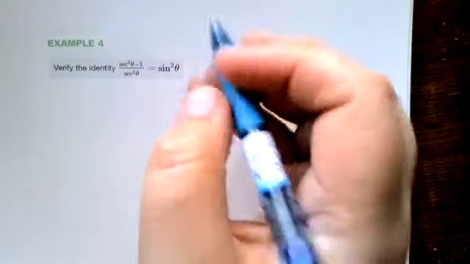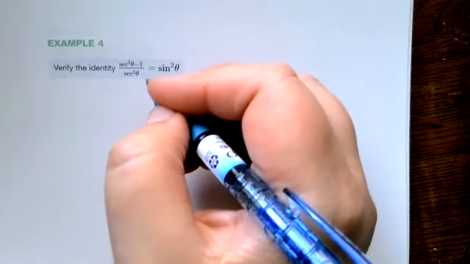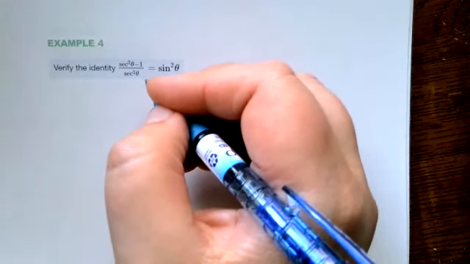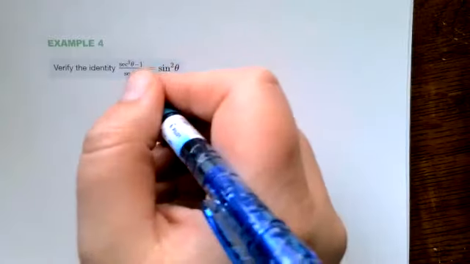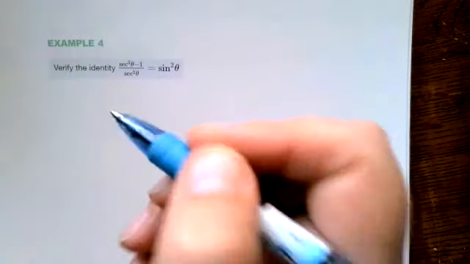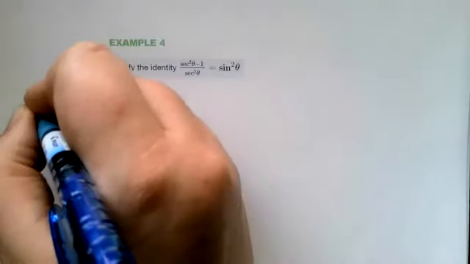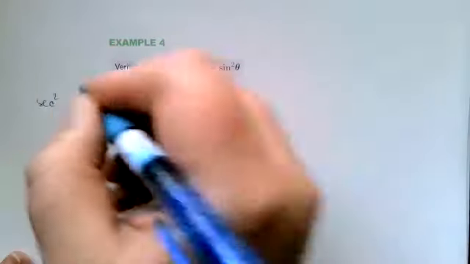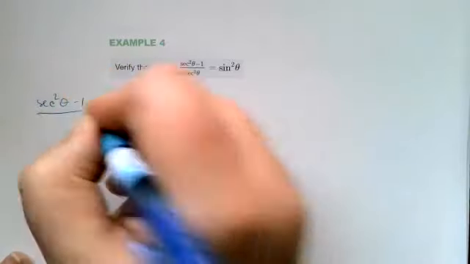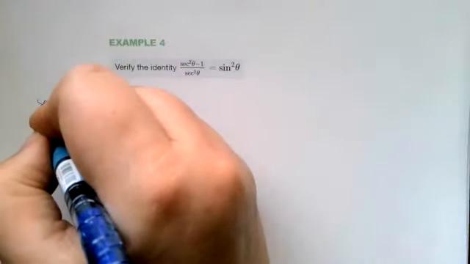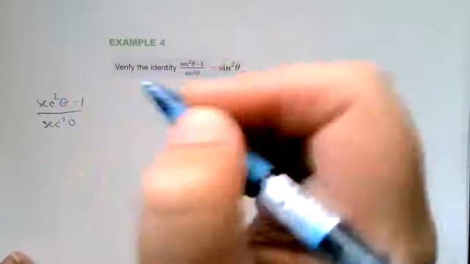Sorry about my voice. So, okay, what we're going to do, we're going to start with the left side of the equation, which is secant squared theta minus 1 divided by secant squared theta.